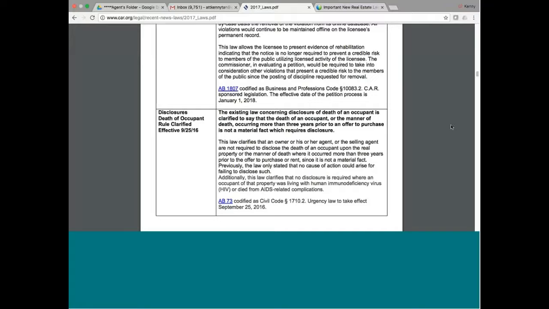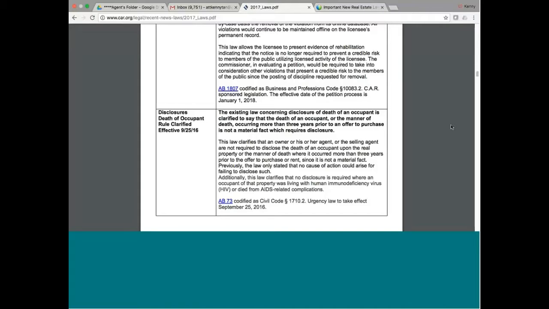Now, interesting, this one talks about purchase. Why doesn't this one talk about leases? I don't know why, but the new law actually talks about purchase only, an offer to purchase.